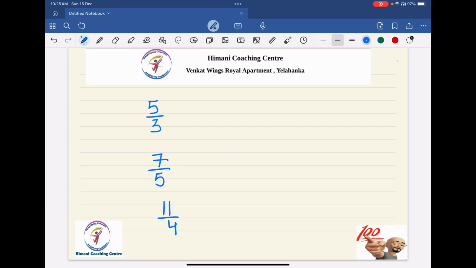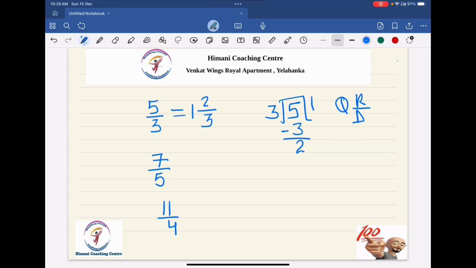Okay, kids, let us do 5 divided by 3. So 3 times 1 is 3. So 5 minus 3 is 2. What is the rule? Q R upon D. What is Q here? 1. What is R here? 2. What is the divisor here? 3. So 5 by 3 can be written as 1, 2 by 3.